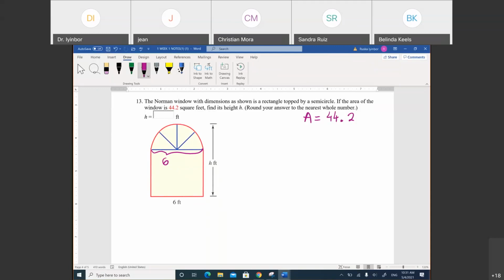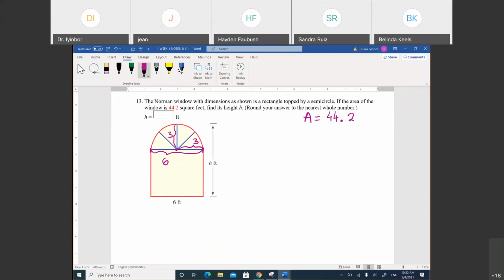So from here, this is the center, to here is 3, right? Everybody understand why it's 3? It's half of the diameter. Yes. So now, all of these blue lines are 3, right? So that means this is also 3, yes? Correct.